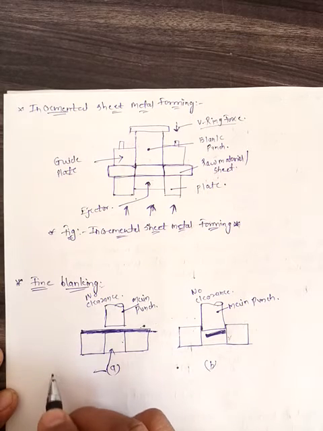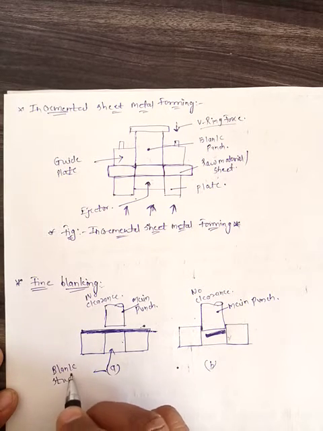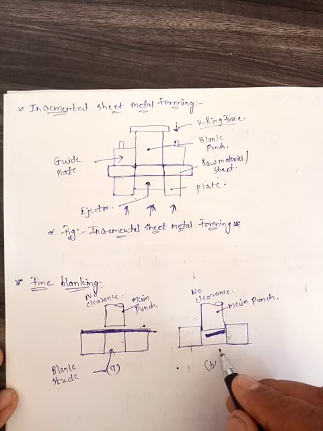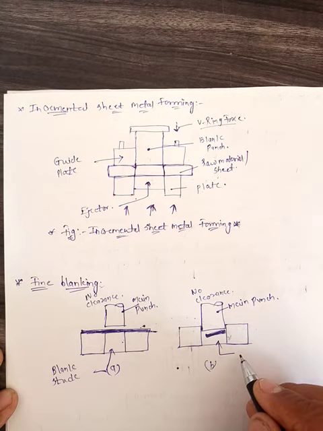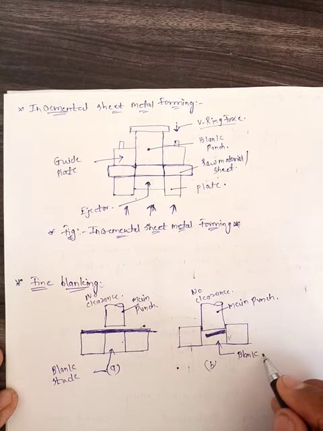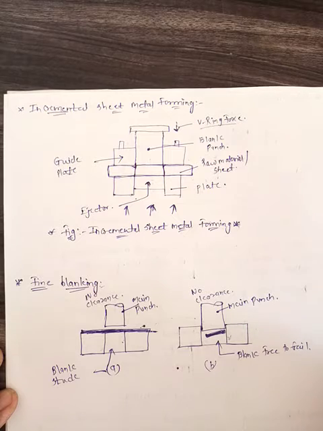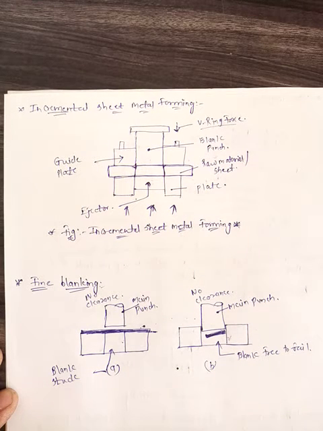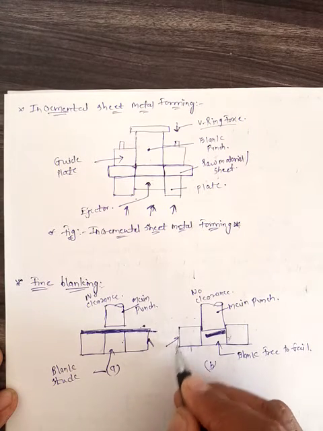This is a blank stuck. Okay, and this is a blank free to fall. Okay, understood? And these two are the die.